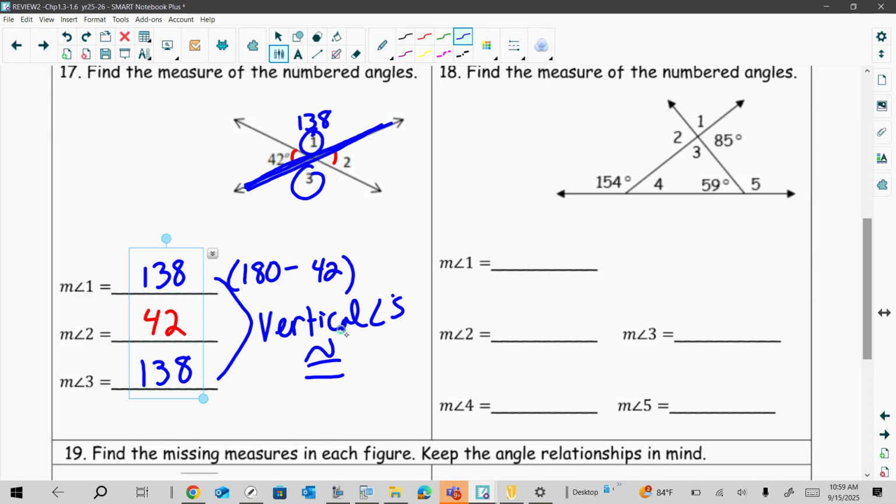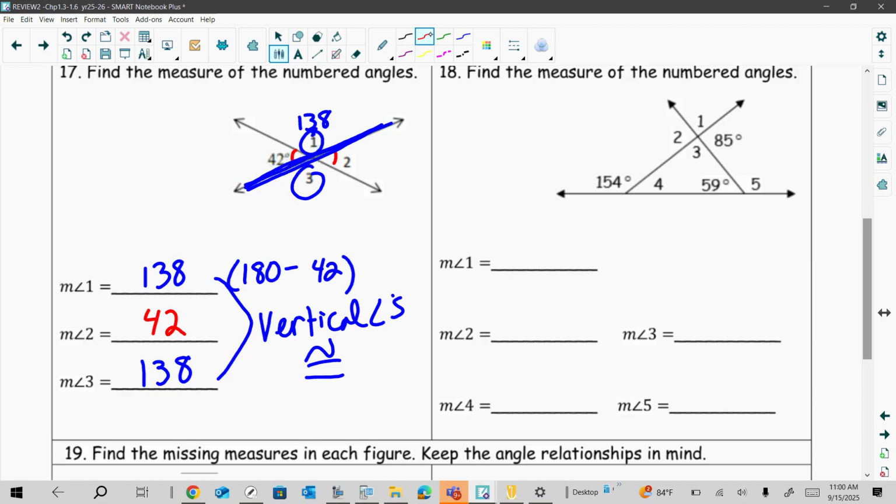So on 18, guys, because we got 3 lines intersecting here, which angle do you know automatically? Because you should always do which type first? Do the vertical first. Do we have any vertical?